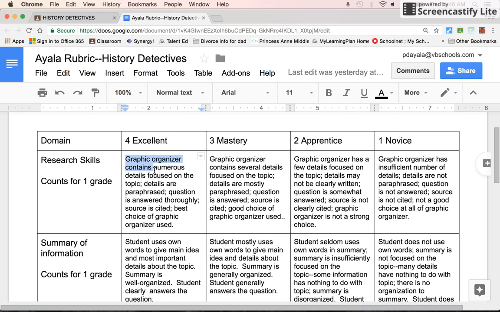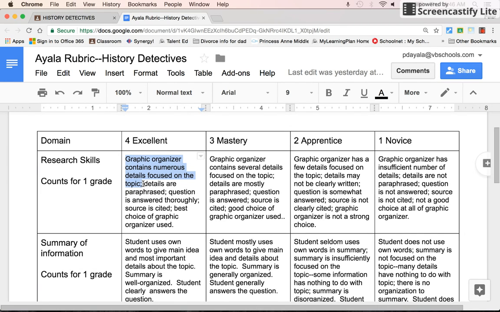It says contains numerous details focused on the topic. Whatever your topic is, for your graphic organizer, that would be whatever digging deeper question you chose for that one, and specifically your topic being your group overall. Make sure that your details are focused and that they are actually answering the question that you've asked.